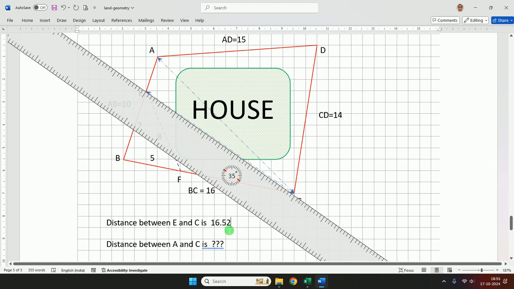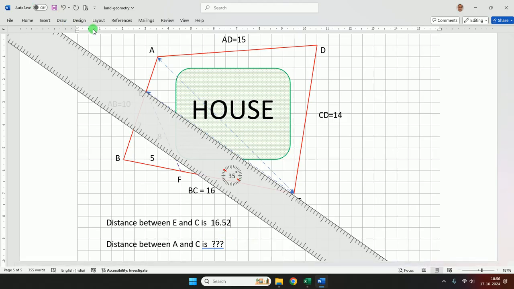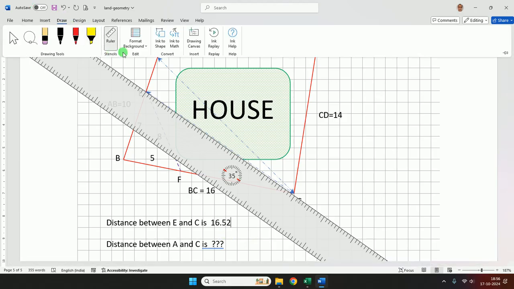So this is correct. Three times this is 49.5 or something like that. So here also you can see it is 49.5 only. So it is quite accurate. So 16.5. Now I close this ruler.